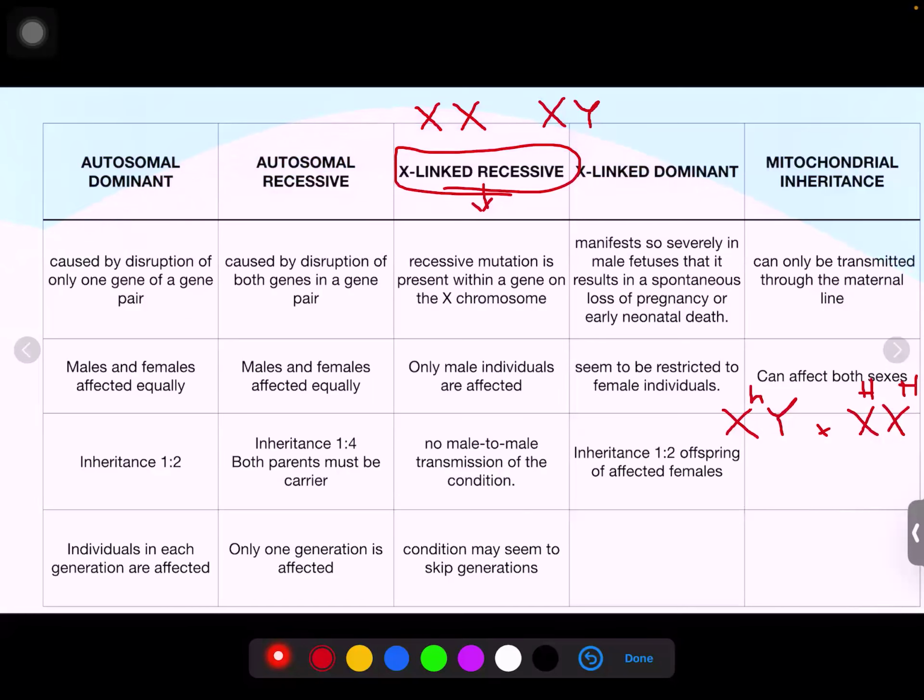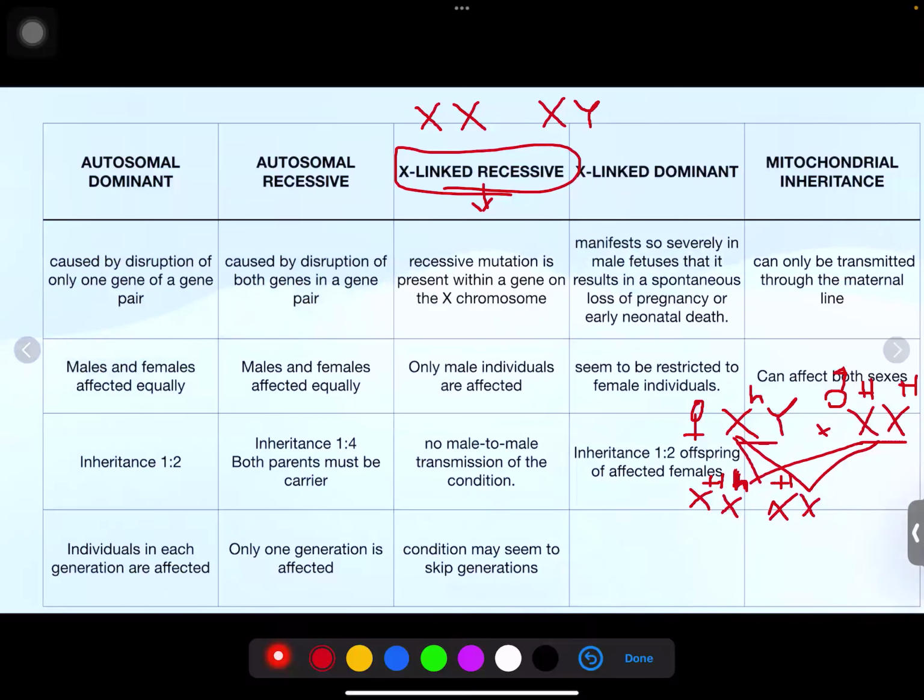So what happens here, this is the father, and this is the mother. Okay, so make a pedigree of XX. This is a carrier female. This X again to that X, this is also a carrier female. And this Y will combine with both of these X chromosomes, so all the males will be normal.